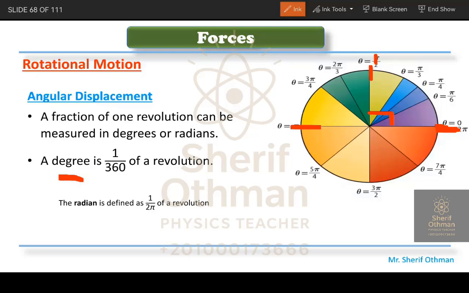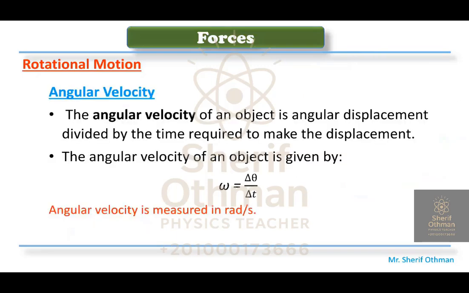So the angular displacement is a fraction of 1 revolution, and can be measured in degrees or radians. A radian is defined as 1 over 2 pi of a revolution.